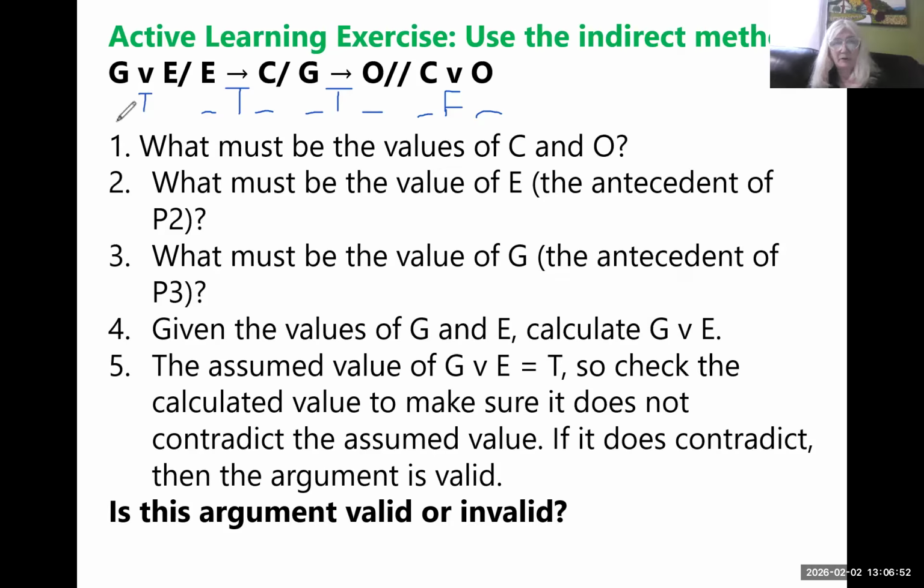Finally, now you have both the values of G and E. Calculate the value of G or E. Does it correspond with what we've assumed, that this is true? So the assumed value again of G or E is true. So check the calculated value to make sure it does not contradict the assumed value. If it does contradict, then the argument is valid. Is this argument valid or invalid?